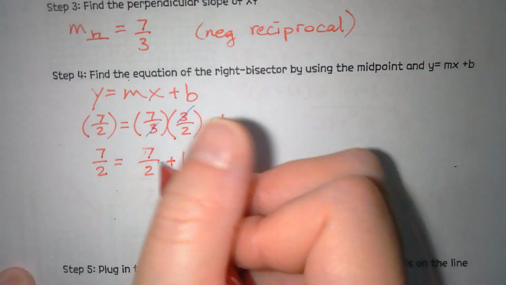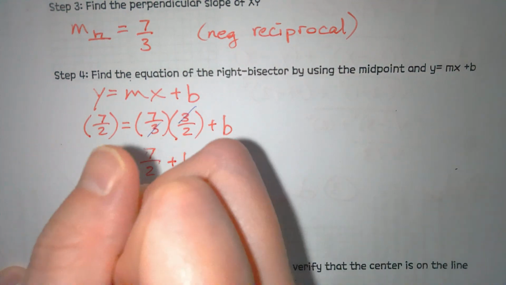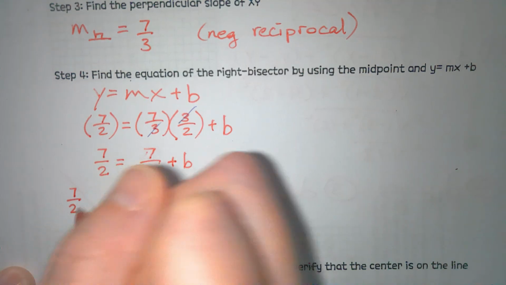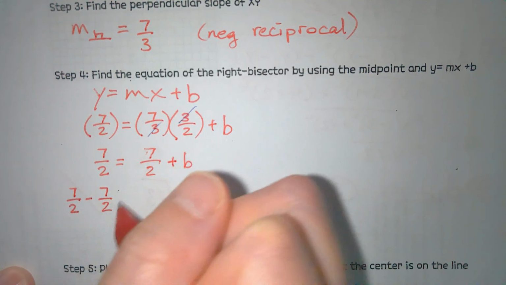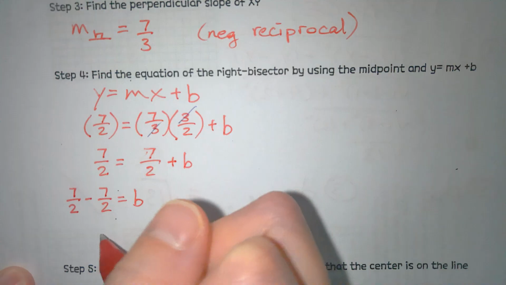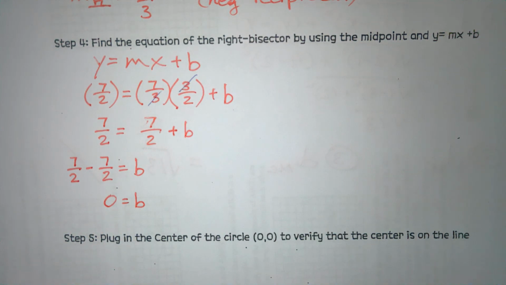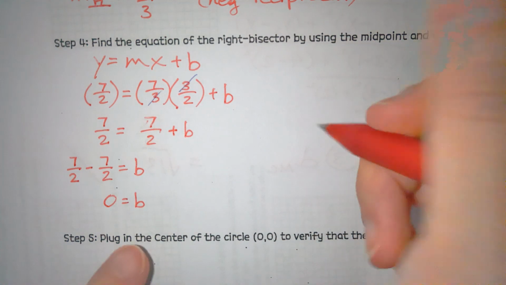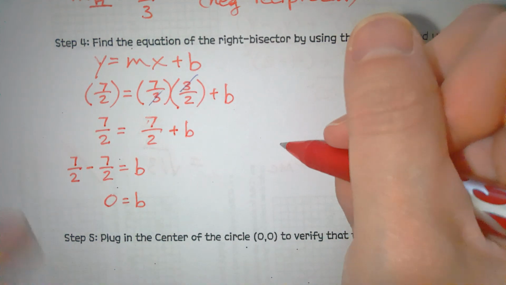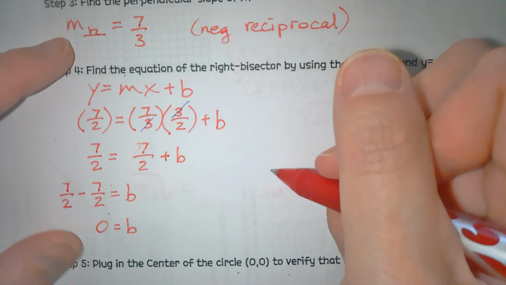Okay. And then to solve for b, I move the numbers all to the other side. So 7 over 2 minus 7 over 2. What is that? 0. Okay. So therefore, what's the equation of the right bisector? Tayden, help me with this one.